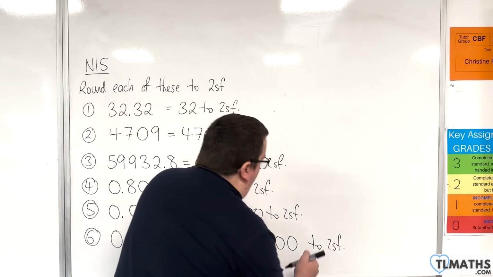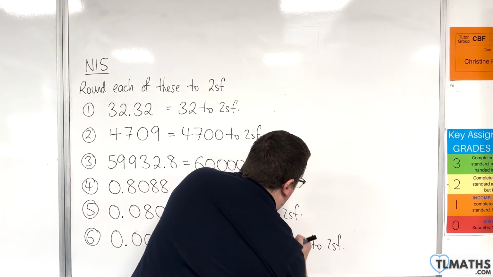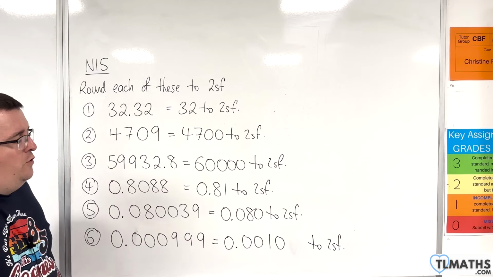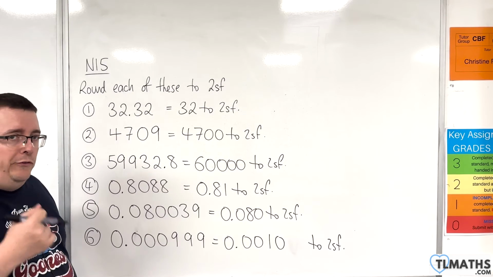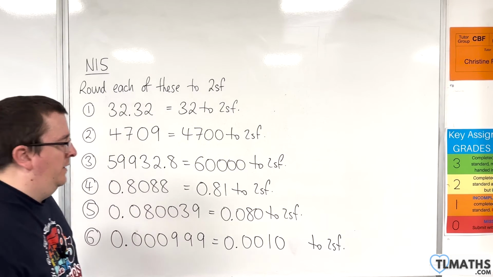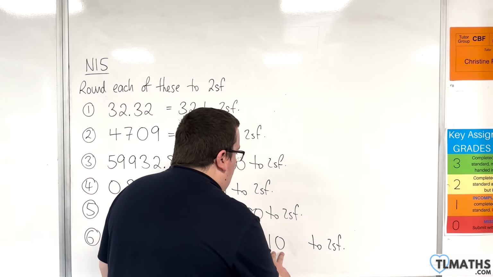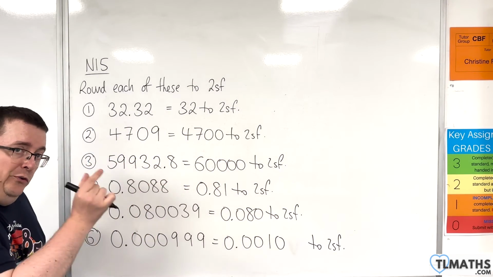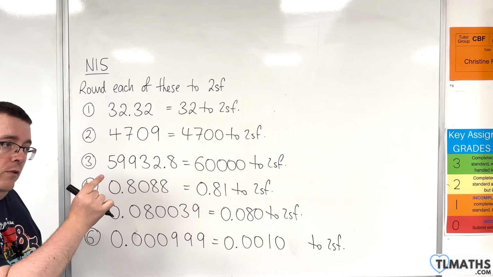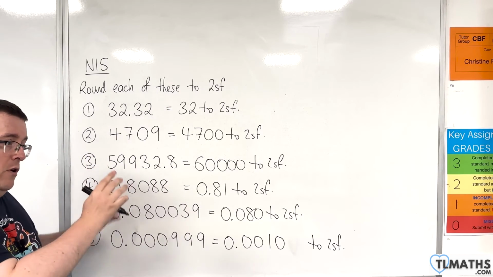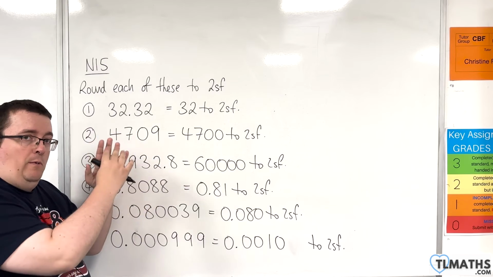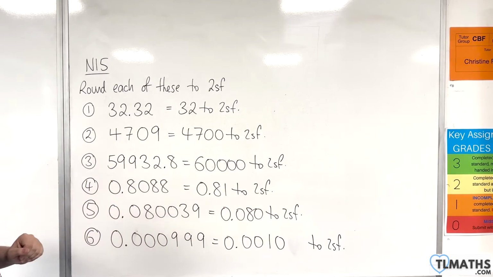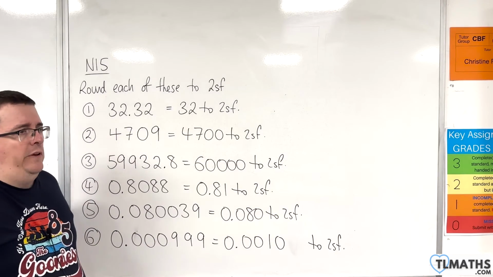So when we do this, we need to round it like so to 0.0010 to two significant figures, and that gives these two values here to be your two significant figures, the 1, 0, rather than having 1, 0, 0, because essentially that would be like saying we've got 3 significant figures instead.